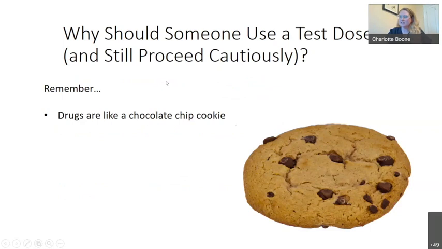And bear with me here because this is a bit of an extended metaphor. Because when we use a test dose, we should still proceed cautiously. So we're going to look at this chocolate chip cookie and we're going to think about it as a drug sample. So let's say this is some fentanyl that I've picked up and the chocolate chips are carfentanil. Or let's say this is a cocaine sample that I picked up and the chocolate chips are fentanyl, or any other combination of substances. So someone using a test dose might use this small amount here and get one little chocolate chip and might respond in a certain way and think that that is the way that they're going to respond to the whole sample.